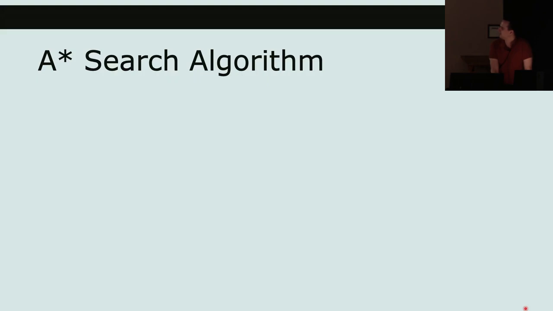But I had implemented A-star a dozen times in a dozen different projects, assignments, code that I put on GitHub, research, and it wasn't until I created this course and had to explain the A-star search algorithm to people that I finally understood it. Hopefully now that we've done everything that we have and we can frame A-star this way, you'll truly understand what's going on rather than just memorizing an algorithm.